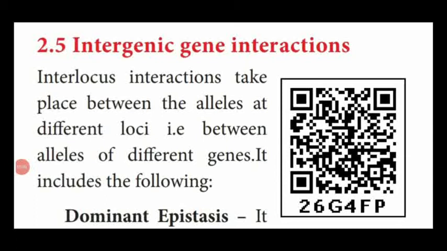Dear students, up to this we have seen intragenic gene interaction. That means the interaction which has taken place between the pair of alleles present in the same gene. Examples are incomplete dominance, codominance, lethal gene, and pleiotropy.